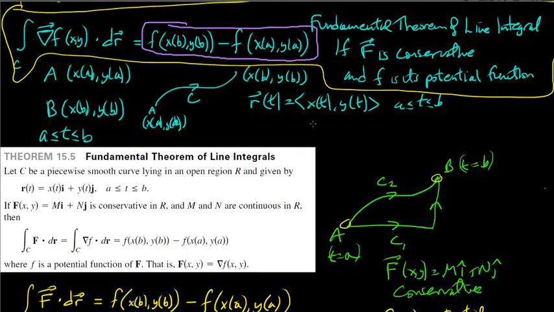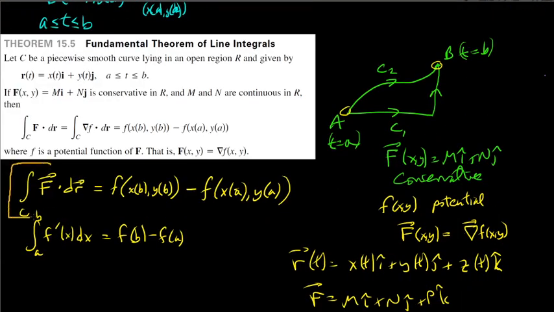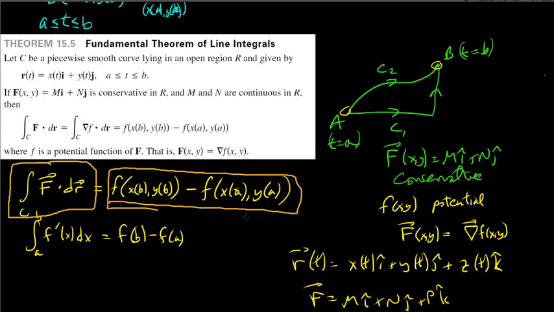If you have to evaluate a line integral, I would first check to see if the vector field is conservative. And if it is, this is usually the easiest way to do it, rather than parameterizing the curve, finding the vector field in terms of t, and then doing the dot product and all that stuff.